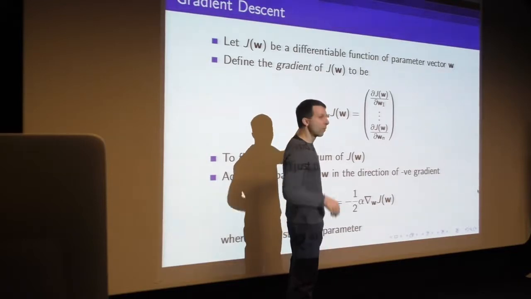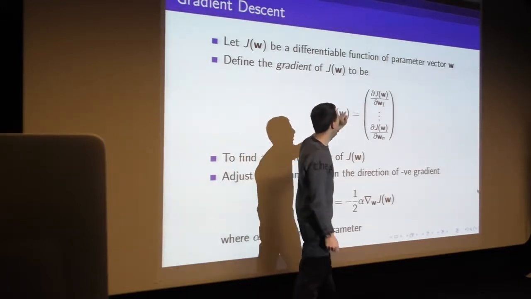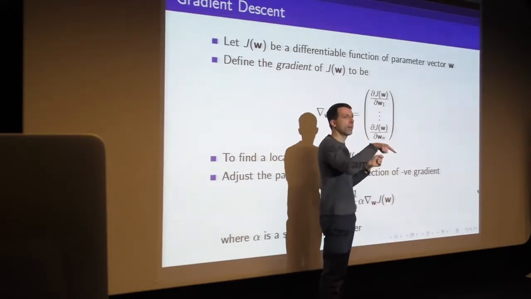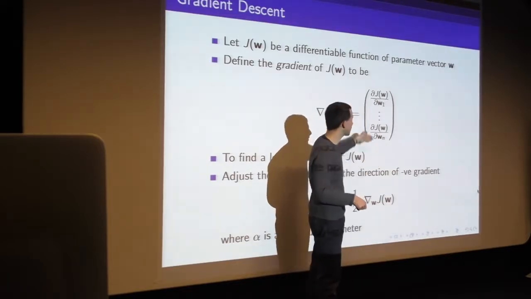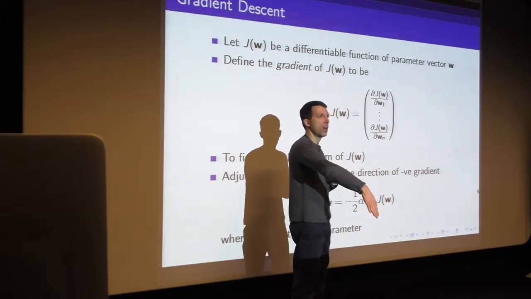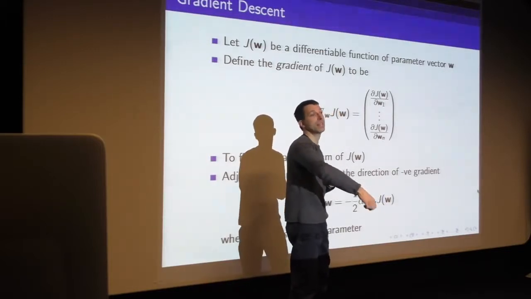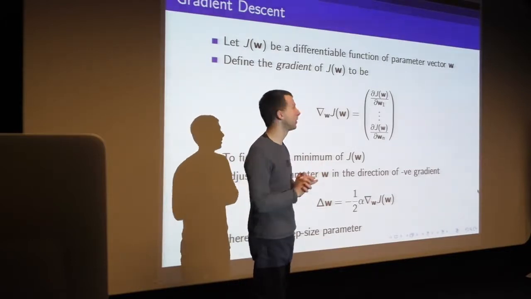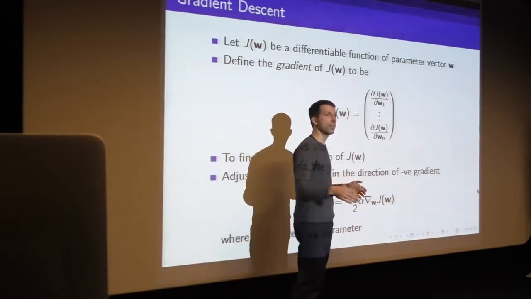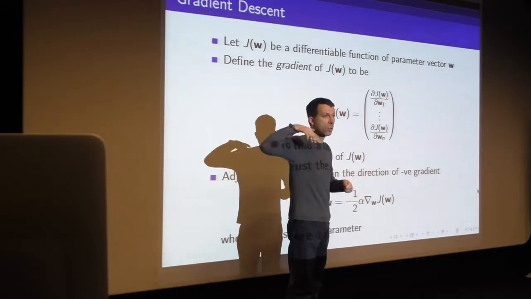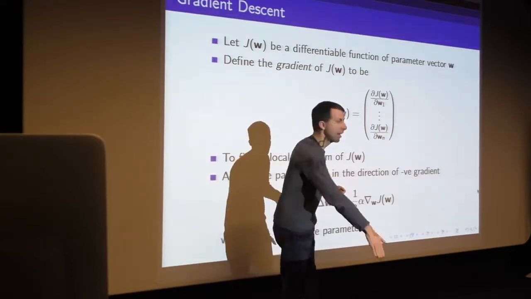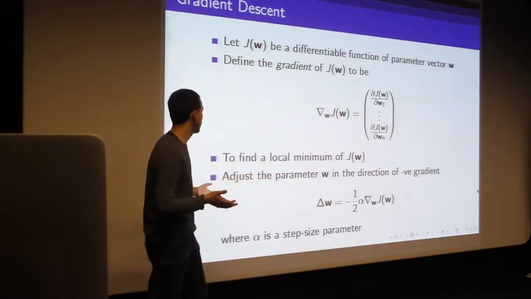The gradient vector is the vector of partial derivatives with respect to each of our parameters in turn. So this vector basically tells us the direction of steepest descent, or steepest ascent. And we're going to follow this downhill. So this tells us, if I'm on some surface, which way is down? And I want to follow that down my surface in the steepest possible way.